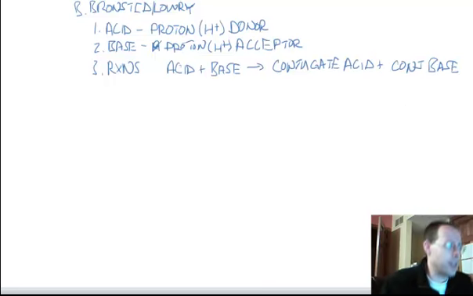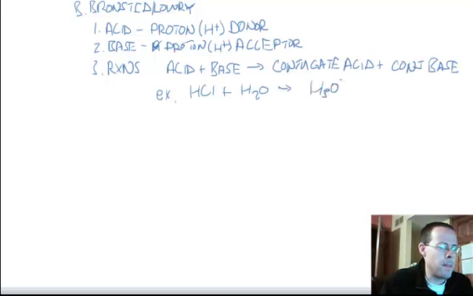All right? And what that looks like is, for our example, we're going to put hydrochloric acid, and we're going to mix it with water, and we're going to get hydronium, and we're going to get chloride ions. Okay? And we're just going to define this: over here, who is donating the proton? It's going to be hydrochloric acid, so this is our acid on the left-hand side, and water is acting as our base. Okay? And then really, what is paired with hydrochloric acid?